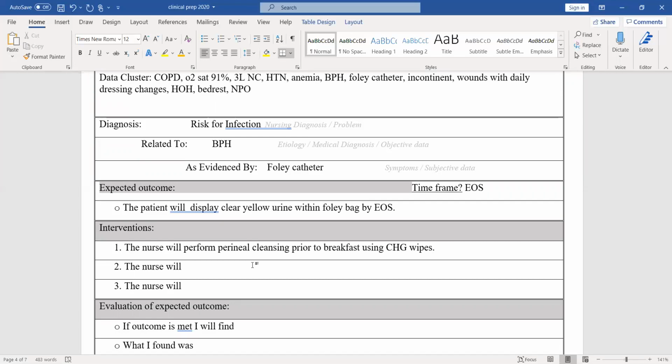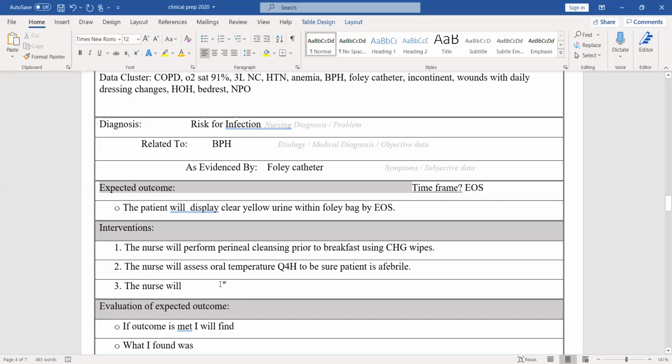Maybe we want to talk about infection, so we have to think what else could display if a patient is having an infection. We could, the nurse will assess oral temperature, Q4 hours to be sure patient is afebrile, specific, measurable, has a time frame.